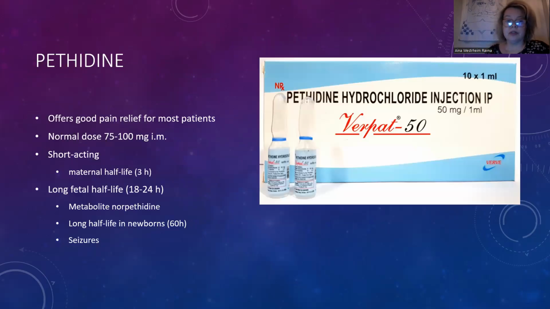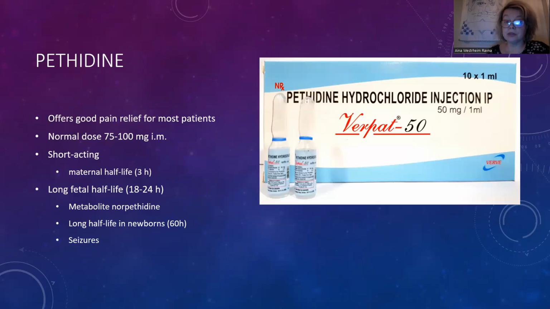Pethidine offers a good pain relief for most patients. It won't make all the pain go away, but it will make some of the pain go away. The normal dose is 75 to 100 milligrams intramuscularly. It is short acting in the maternal body.